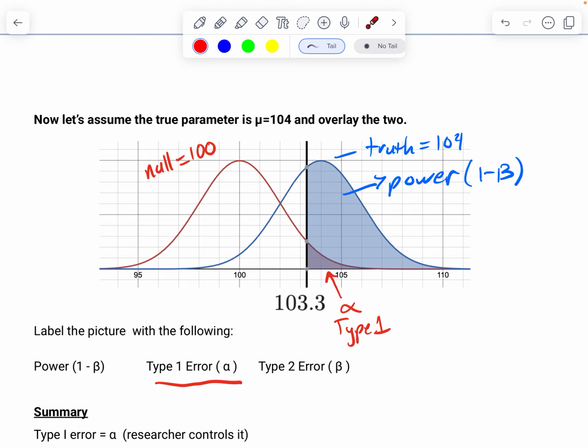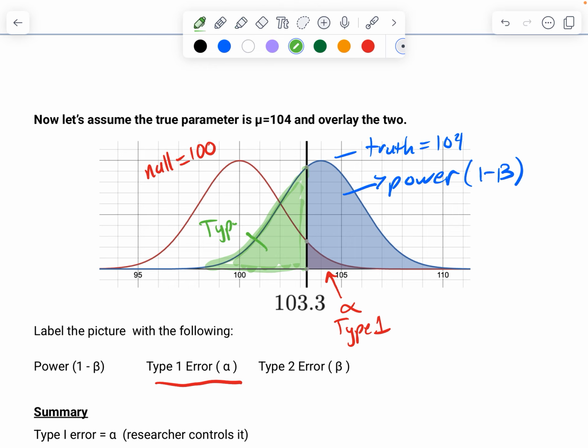So that would happen anytime your sample is less than 103. Let me get a new color out. It's going to be this. It would be this green section. This green section is a type 2 error, and it is beta.